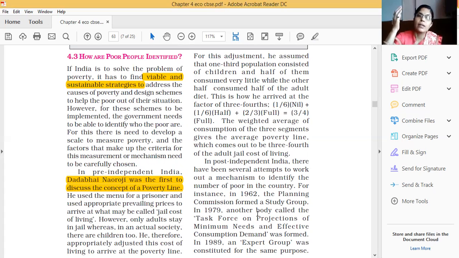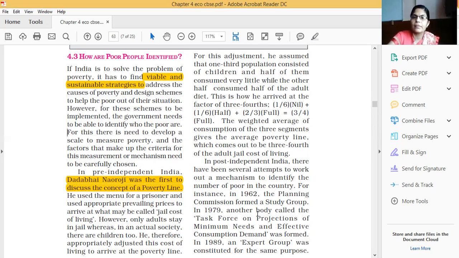So for the adjustment, he assumed that one third of the population consisted of children, and half of them consume very little while the other half consume half of the adult diet. This is how to arrive at the factor of three fourths: 1/6 nil plus 1/6 half plus 2/3 full equals three fourths.